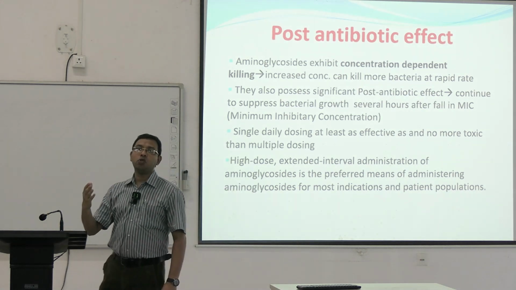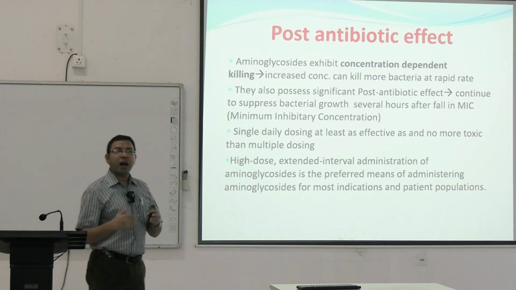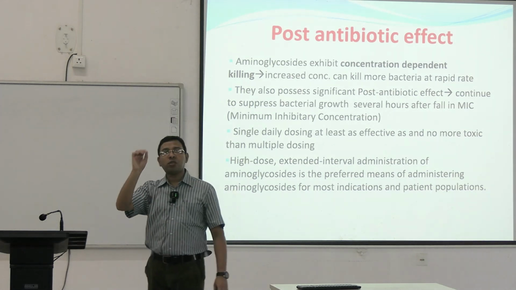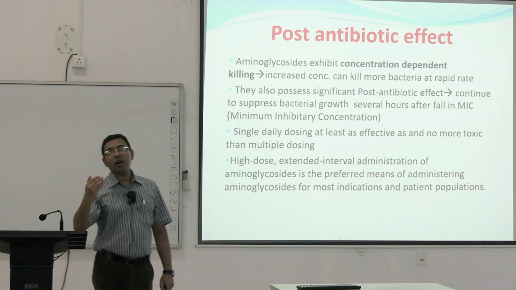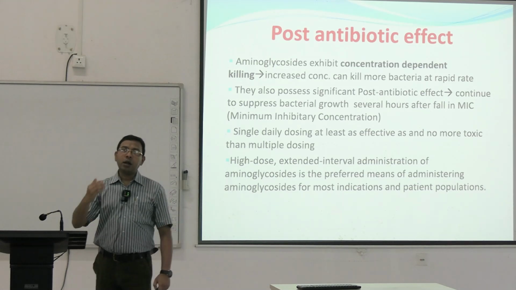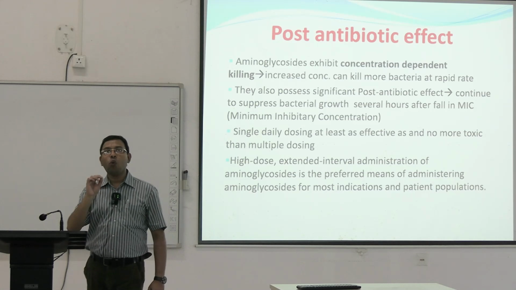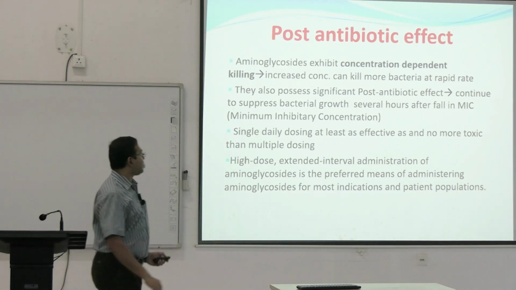So it has been seen to be toxic to individuals. But later, different trials showed that if we use very high doses but just once in a day, that ultimately leads to less exposure of the drug to the body and the toxicity will be very low. So extended interval once daily dosing of the aminoglycosides is now commonly used.